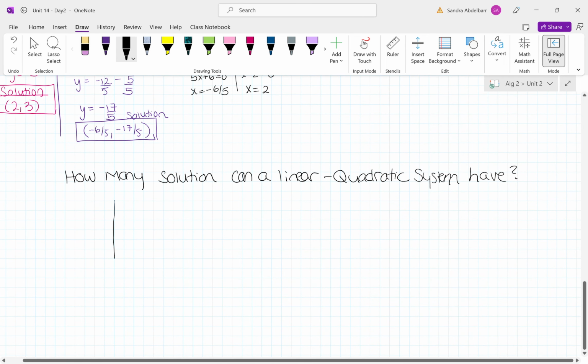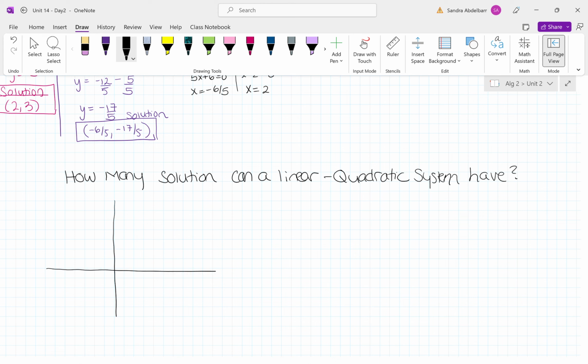We'll see. Want to take a guess? 2. We'll say 3. 2. All right, so we can definitely have 2, right? We could have 2 points of intersection.